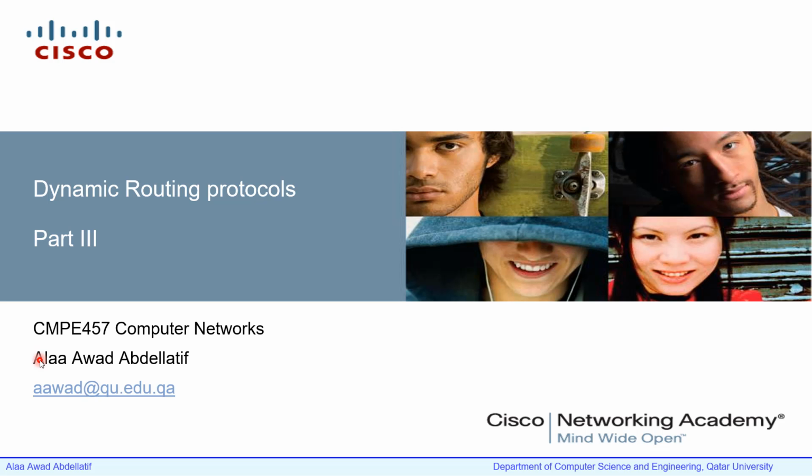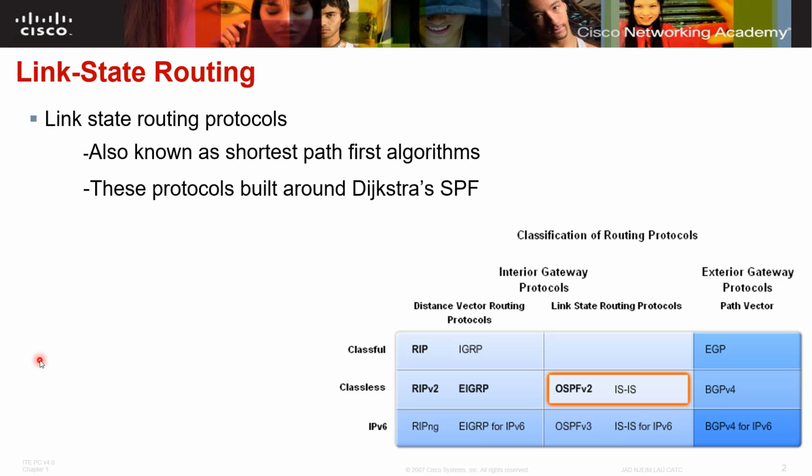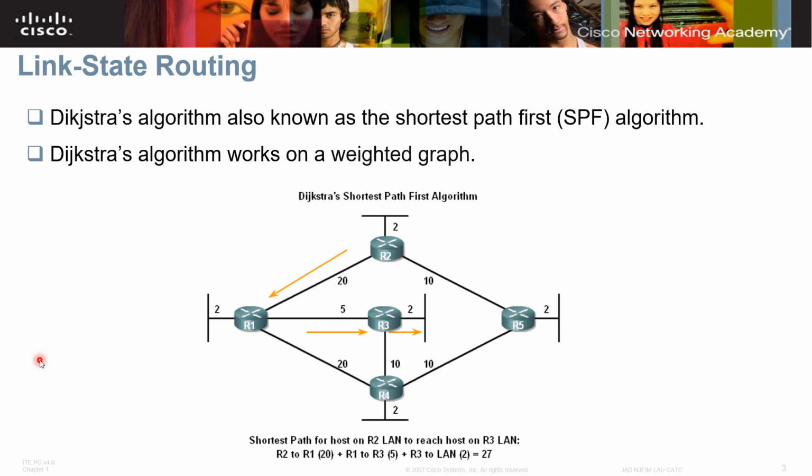Good morning. Last time we started with link state routing protocols, and we said that the main algorithm under link state routing protocols is shortest path first, or the Dijkstra algorithm. We studied how we can calculate the best path on a weighted graph.